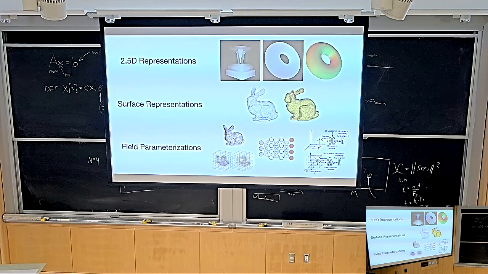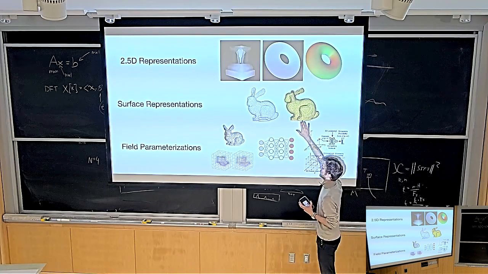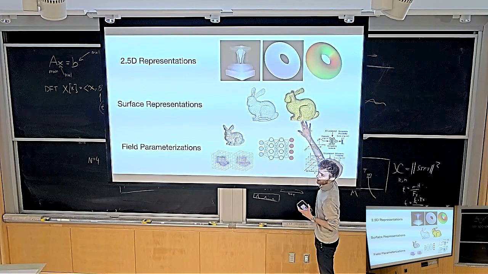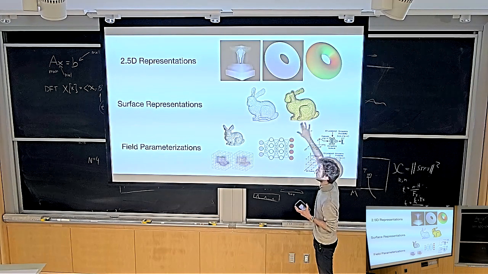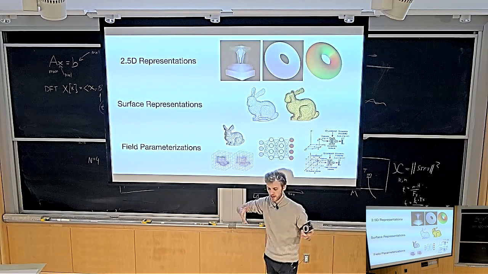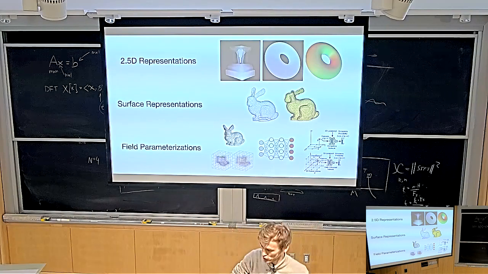We said, for instance, if I give you a point in 3D space, it's hard for you to tell me, does it lie inside or outside of an object, if you just have the point cloud, or if you just have the mesh. But we also discussed that these surface representations are actually what is being used in computer graphics a lot today. And these are extremely relevant, even though in 3D reconstruction, interestingly, they're not currently used much.